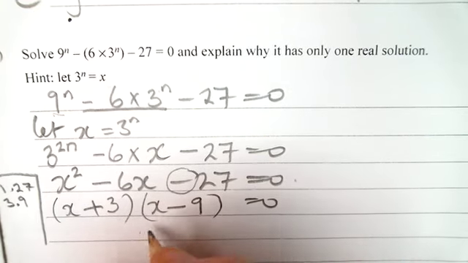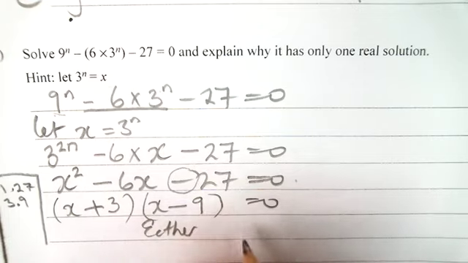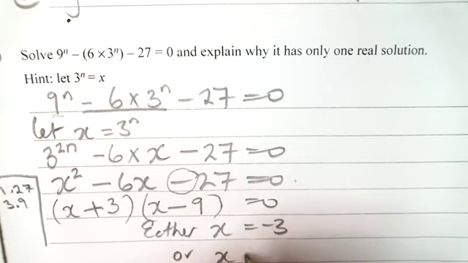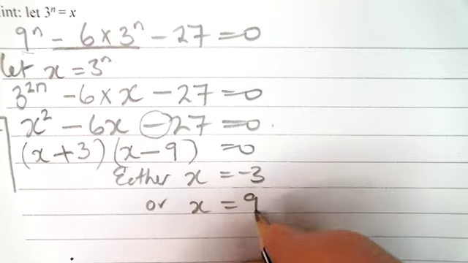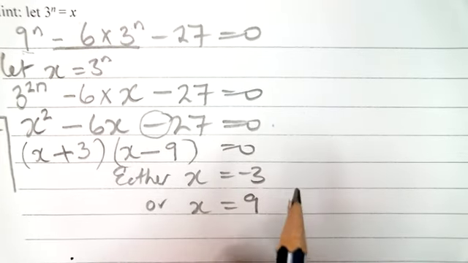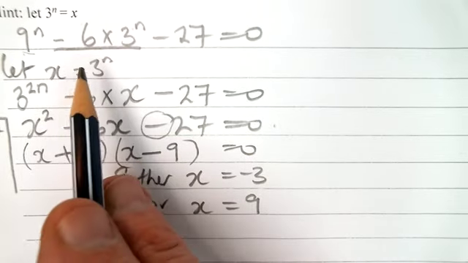So therefore, we could say either x is equal to negative 3, or x is equal to 9. Now, of course, it's not really x is 9 or x is negative 3 we want, because we know that x is equal to 3 to the n.